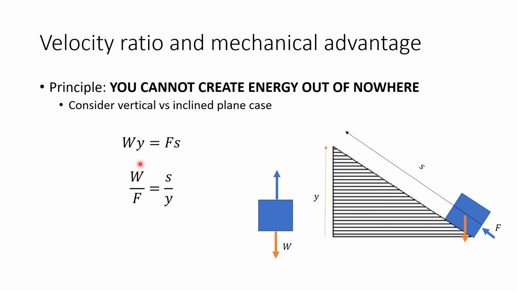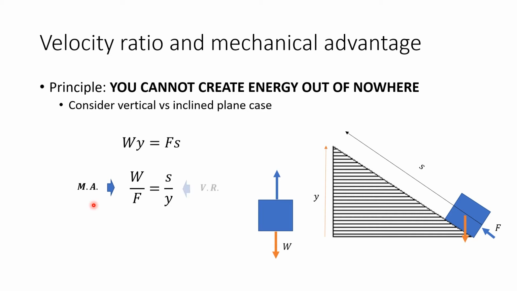The ratio between the weight and the force is called the mechanical advantage, or MA, in this lab. The mechanical advantage gives you the ratio between the weight that you want to lift versus the force you're actually using to apply it by using the machine. Mechanical advantage should be bigger than 1 to give you any advantage.